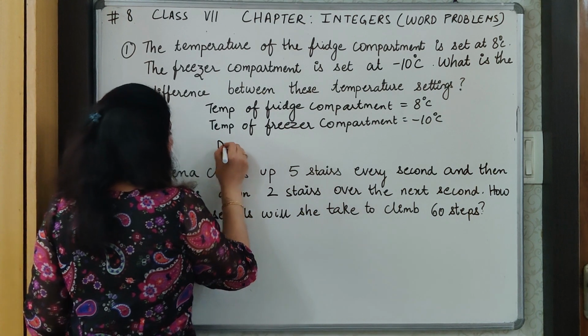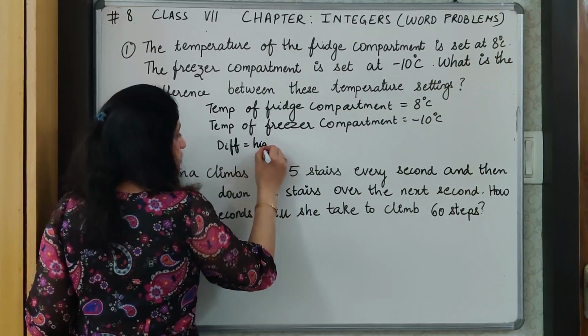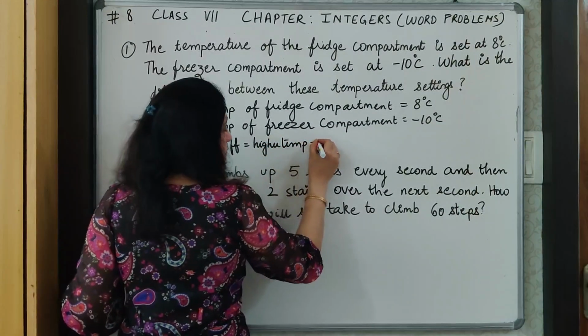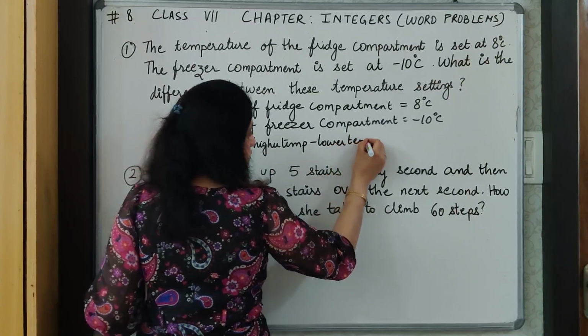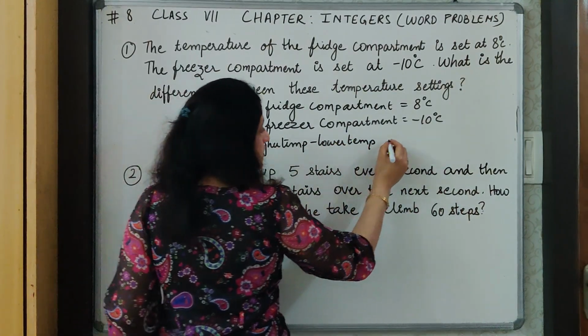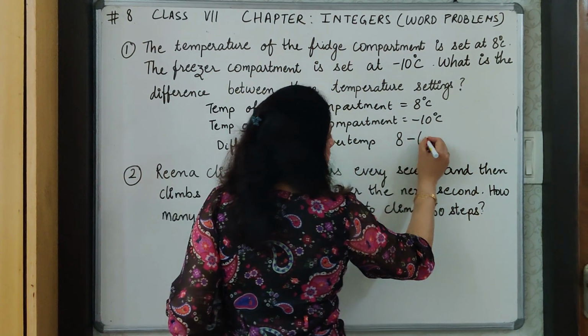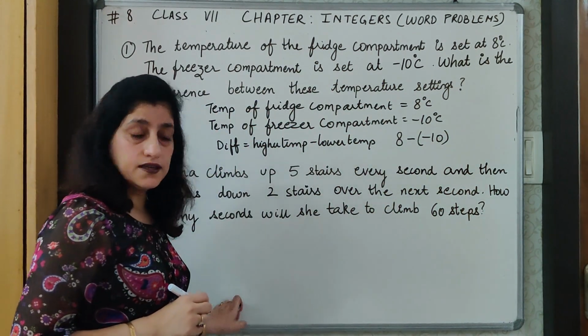The difference will be higher temperature minus lower temperature. How are we going to write it? 8 minus minus 10. Is it clear?